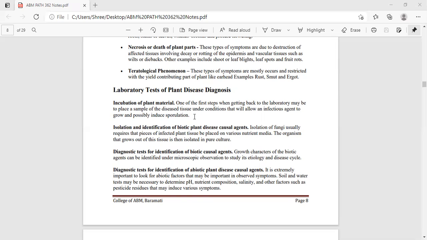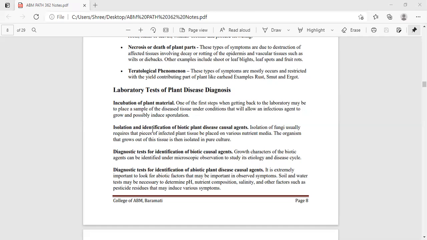It creates a certain atmosphere of temperature and humidity, at 26 plus or minus 2 degrees. That controlled temperature and humidity inside the incubator supports the growth of the fungal or bacterial pathogen over the plant material.